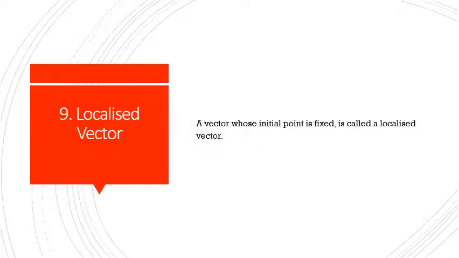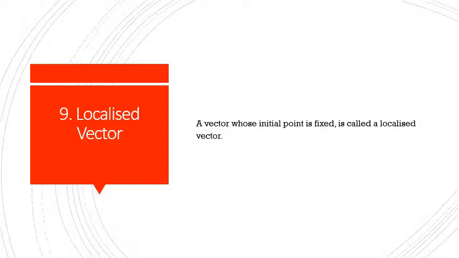Ninth type is localized vector. A vector whose initial point is fixed is called a localized vector. Example, position vector of a particle. Its initial point lies at the origin, isn't it? So the position vector of a particle is fixed. This is the example for a localized vector.